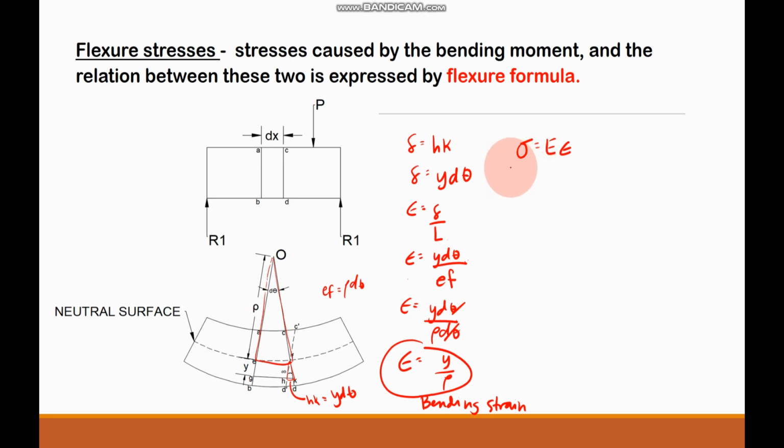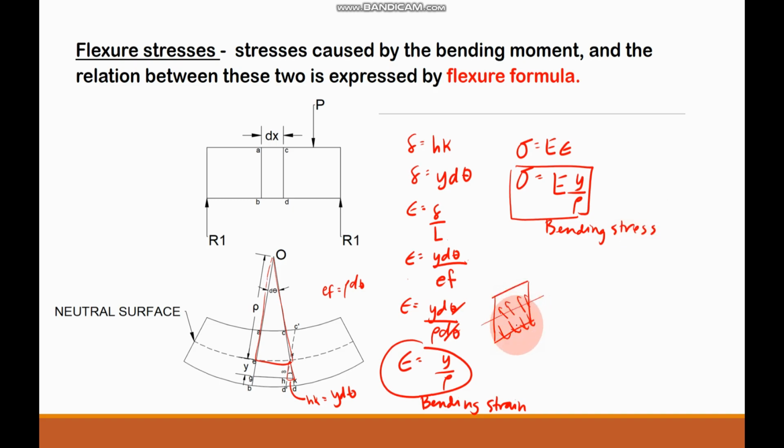So substituting the strain, we have this equation, and this is what we call the bending stress.